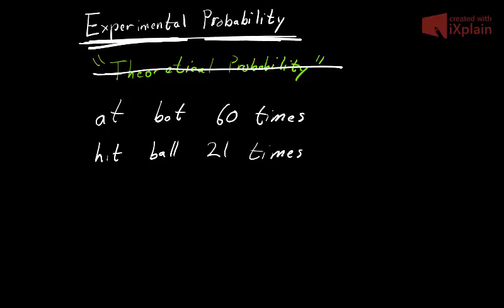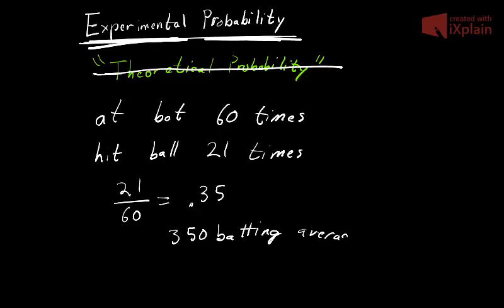So our experimental probability would be that they hit the ball 21 out of 60 times, which is equal to 0.35, or in baseball you would write that as a 350 batting average. And this is pretty much what we're going to be working with today.